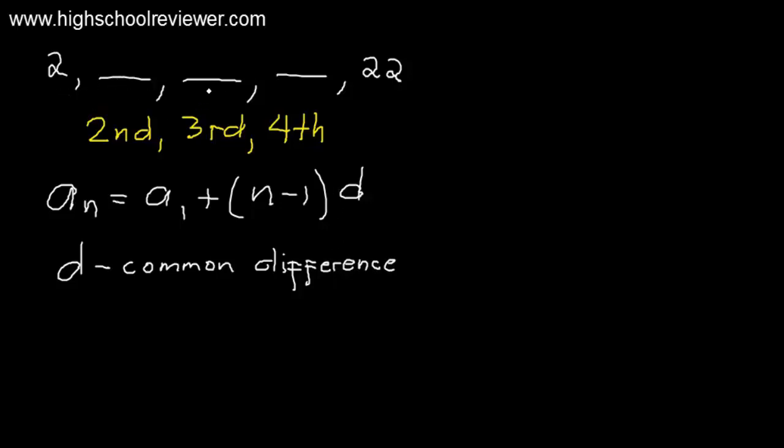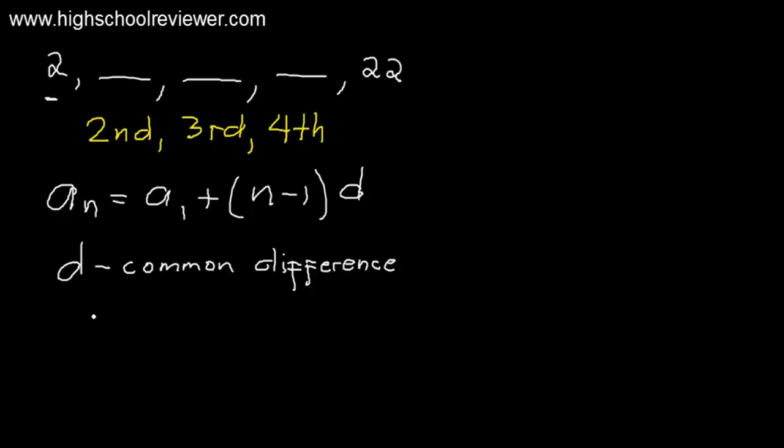But since we do not have here two consecutive integers, we will solve d in terms of the fifth term. We cannot solve d in terms of the first, because if we put 1 as n, 1 minus 1 is 0, so we have to cross out d if we use the first term. So we will use the fifth term.